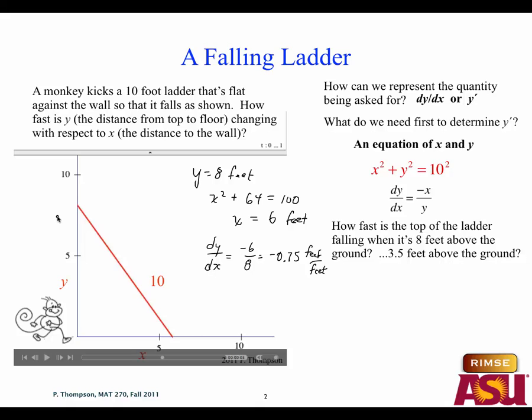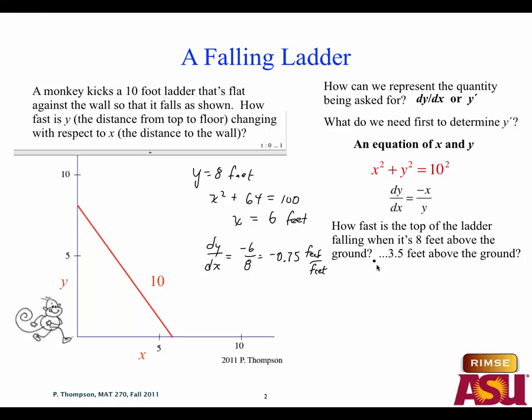So for a small change in x, the ladder drops about 3/4 of whatever change in x we have. But that change in x has to be small, because if the change in x is too big, what happens? The rate changes, right? The ladder's going to be in a different place and we may have a different rate. So that's why we're saying for an extremely small change in x, we get a change in y that's 3/4. It decreases 3/4 as much.